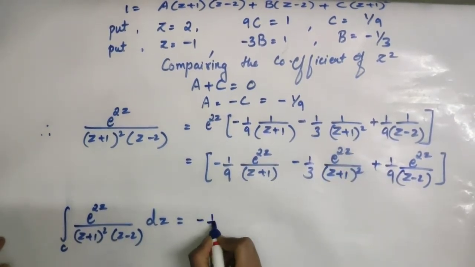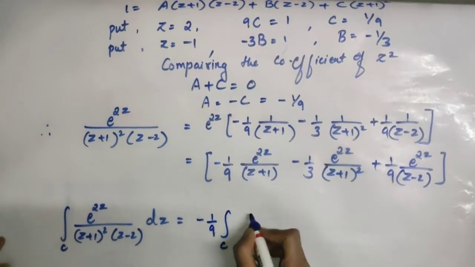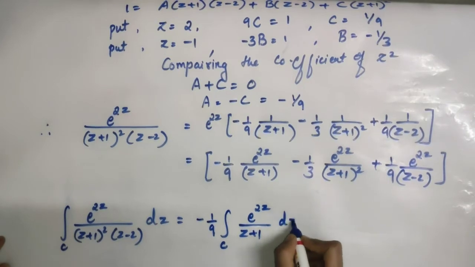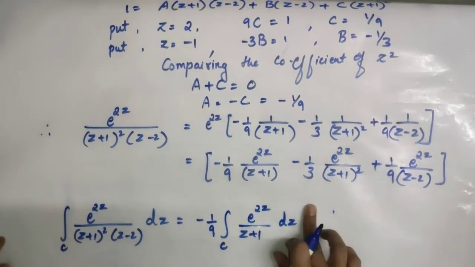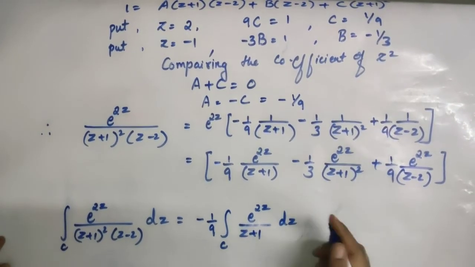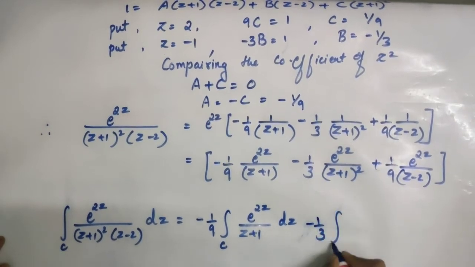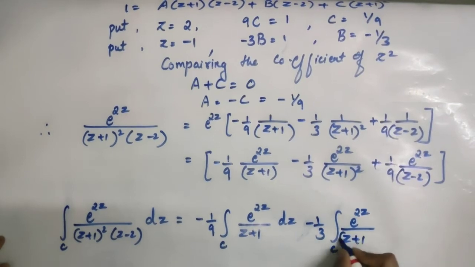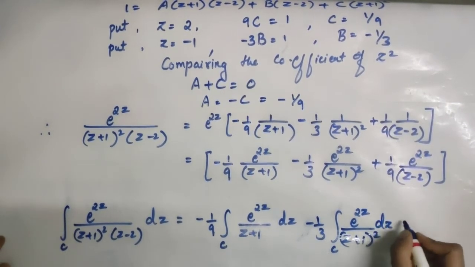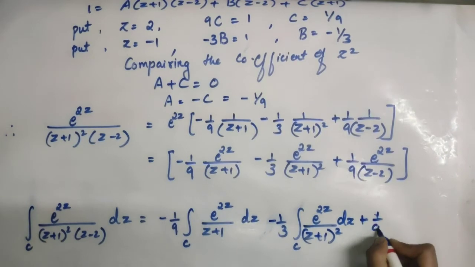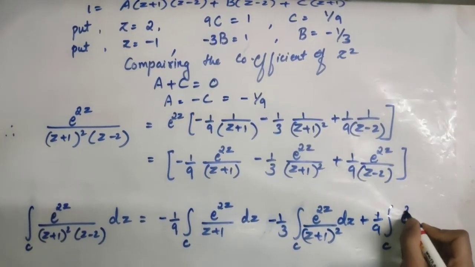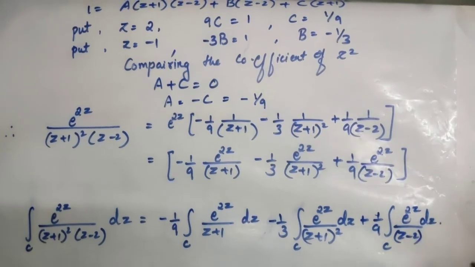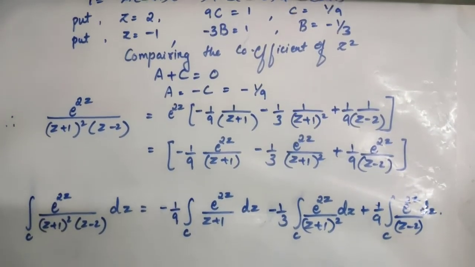So it will be minus 1/9 times the integral over the curve C of e^(2z)/(z+1) dz, plus, there is a minus sign, so minus 1/3 times the integral over C of e^(2z)/(z+1)^2 dz, plus 1/9 times the integral over the curve C of e^(2z)/(z-2) dz. Okay, this is what you get.